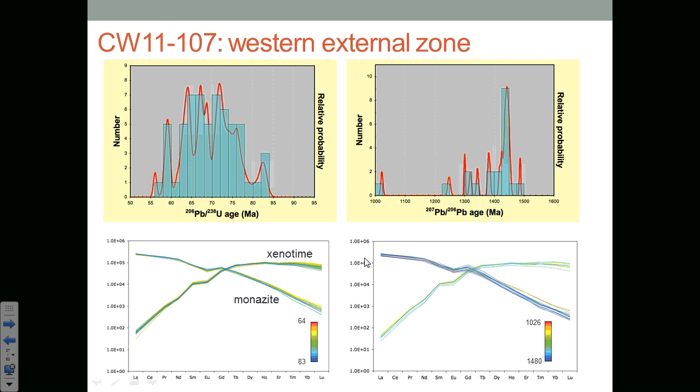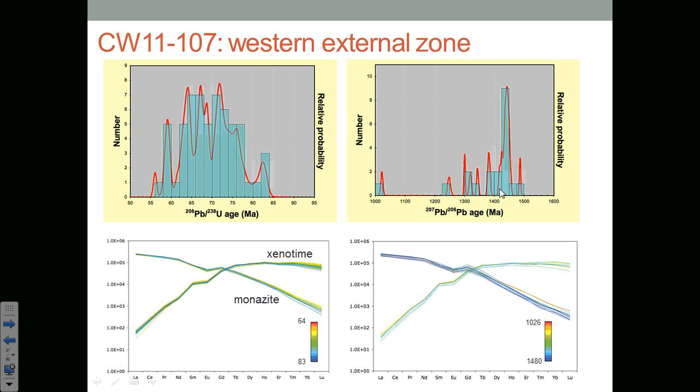And if we look at that in terms of the age distribution, we see ages ranging from about 55 to 84 million years in the younger population, and in the older population, it's mostly in this sample around 1.45. So again, right at the age of belt deposition.